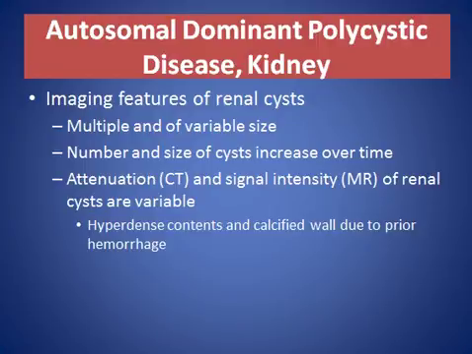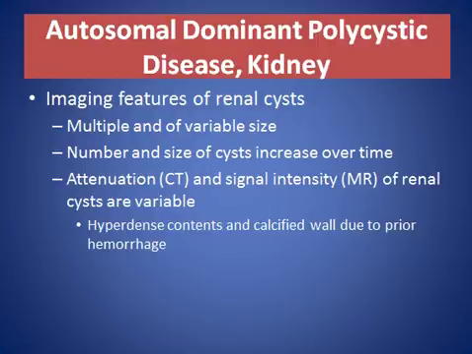Autosomal dominant polycystic renal disease imaging features include multiple renal cysts of variable size. The number and the size of the cysts increase over time, and the attenuation of the cyst on CT scan and signal intensity on MRI is variable.